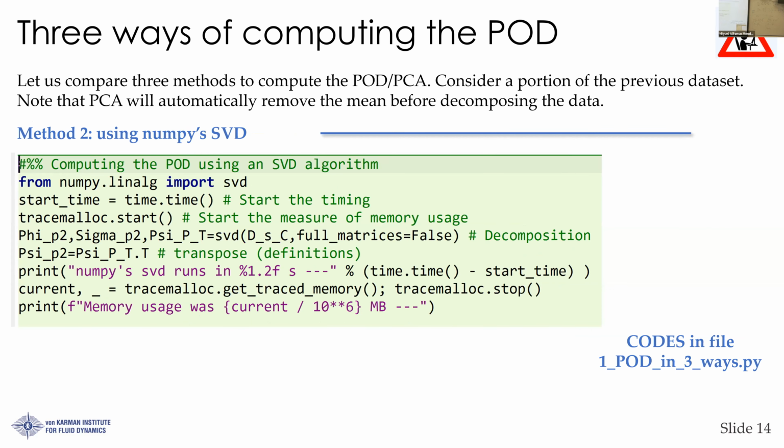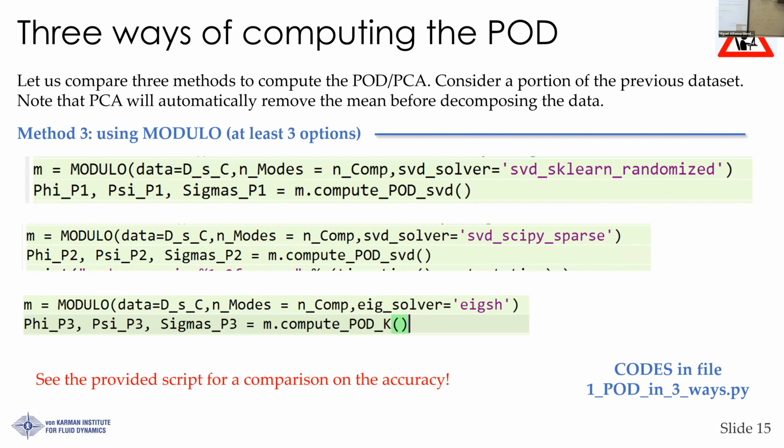And then I'm giving you various options. So this one is, for instance, calling the SVD from NumPy. This is the most accurate one, but also the most memory demanding one. It will automatically compute all the singular values and all the things that are there. And then if you use Modulo, in Modulo you have various options, which are all wrappers to SciPy functions or NumPy functions.